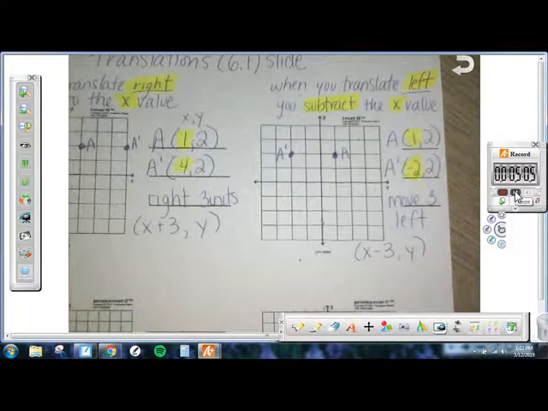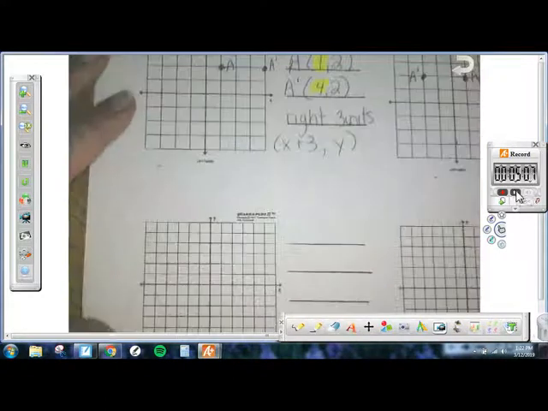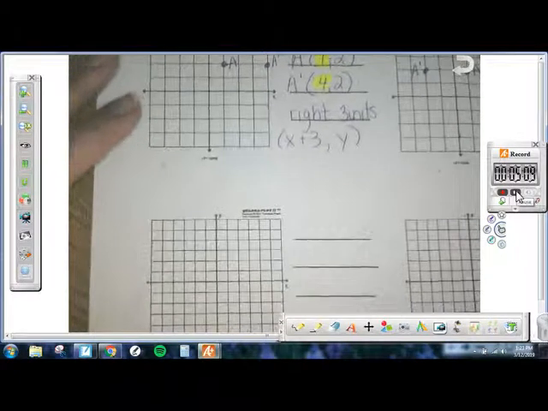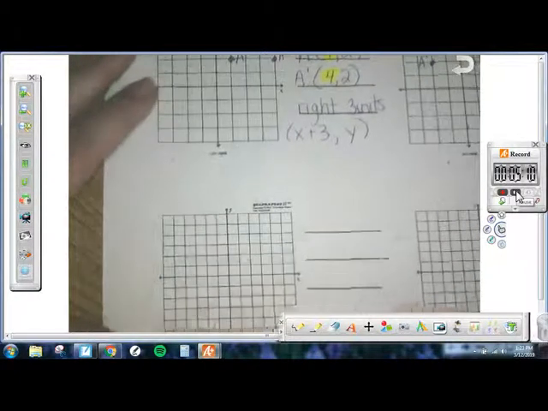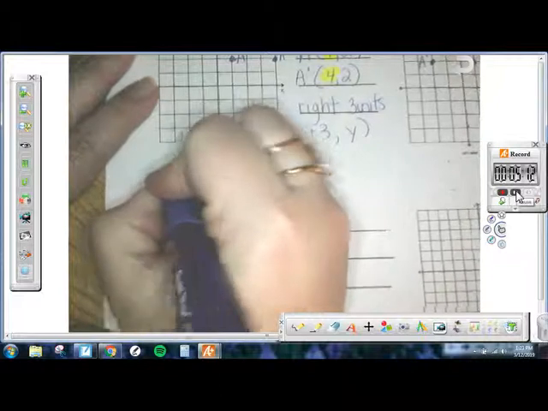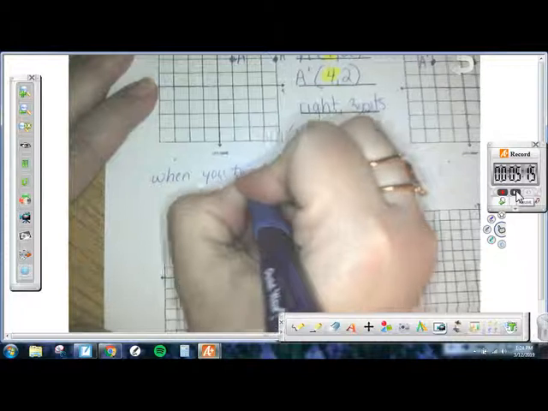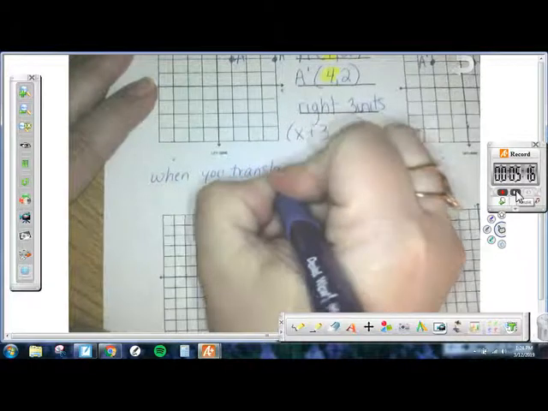Then we're going to create A prime, B prime, and C prime, which is our image. I would like to move it 5 units right. There are 2 ways to do this.